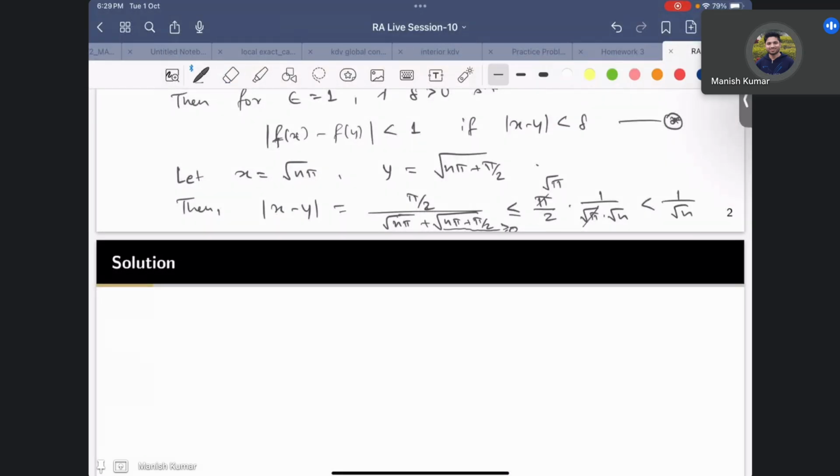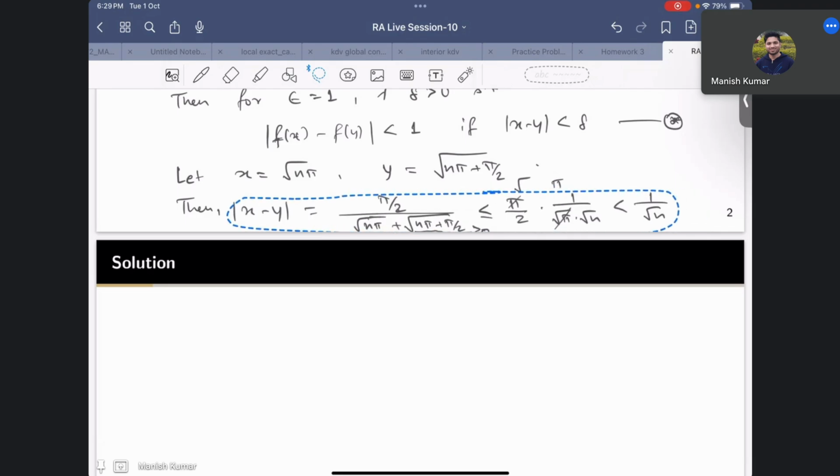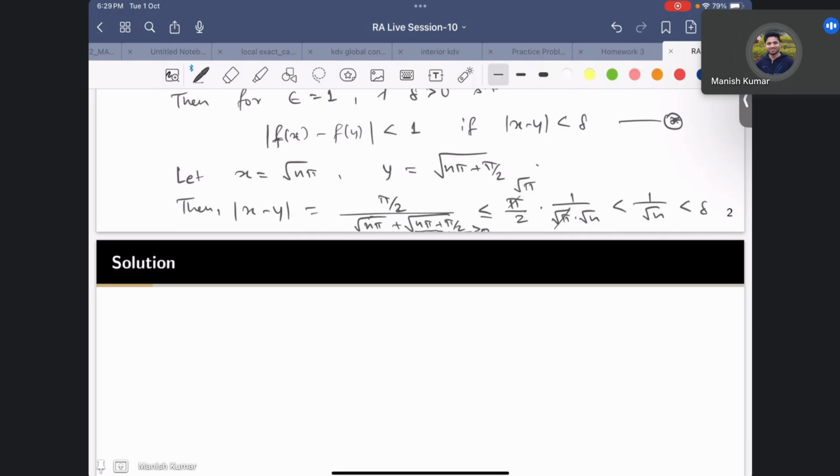And this I can make less than delta for large n, so that's what I will write now. So this is less than delta for n greater than or equal to delta square, right? So this is something that we can choose.